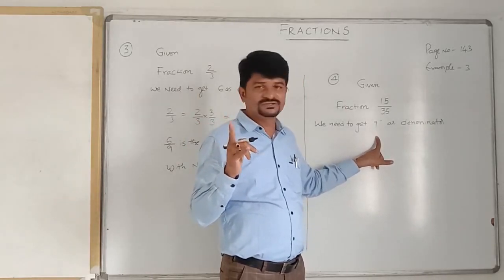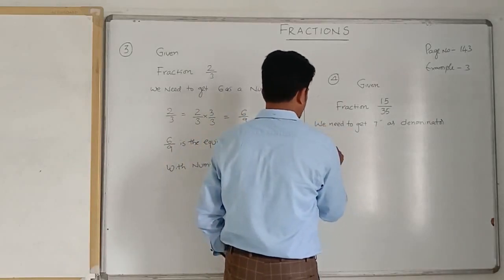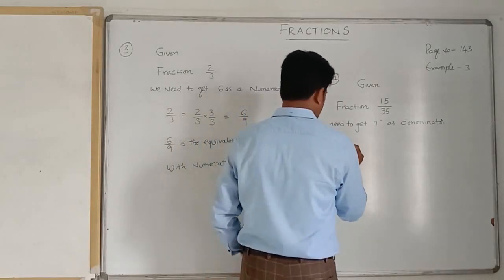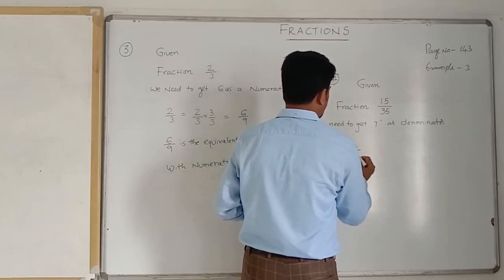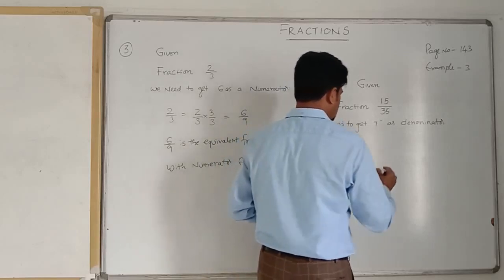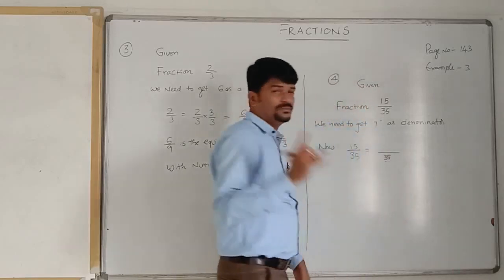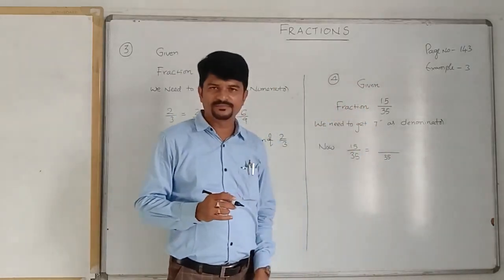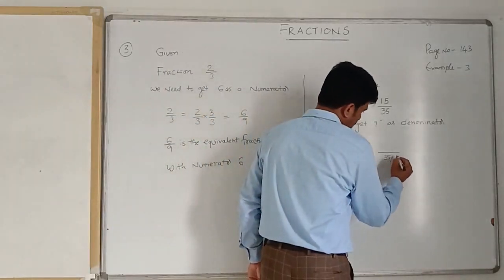Don't forget this. Okay. Now 15 by 35. That implies 35 by what number shall we divide to get 7? With 5. So divide with 5.